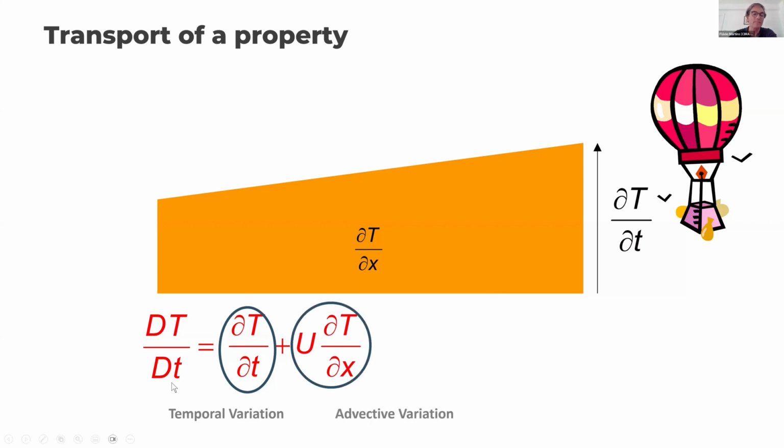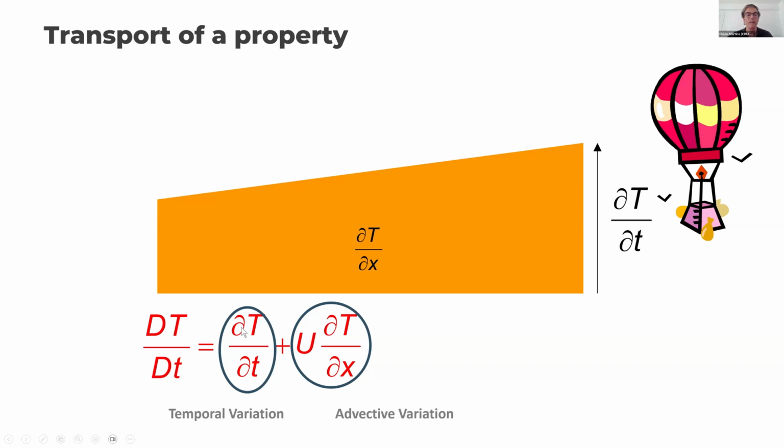So basically, these are two ways of representing the same process, the change of the temperature in the environment, okay? This way is a perspective. The way of the balloon is the perspective of a measurement moving in the space, okay? This is called the Lagrangian perspective.